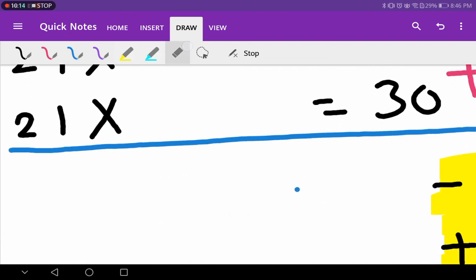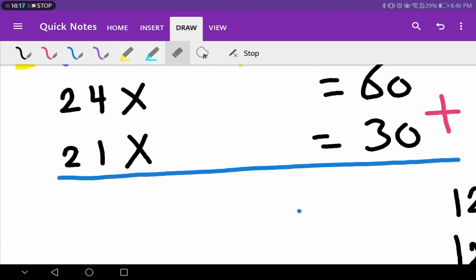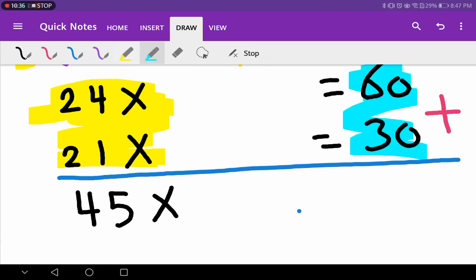Now add them. I add 24x with 21x, which is 45x, equals 90, since 60 plus 30 equals 90. Adding is easier than subtracting.